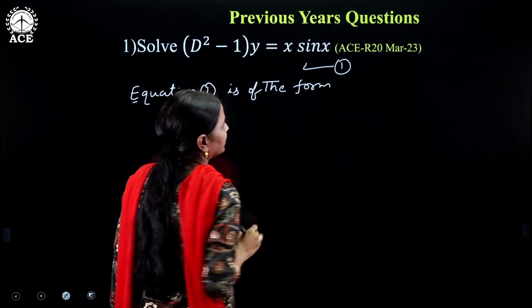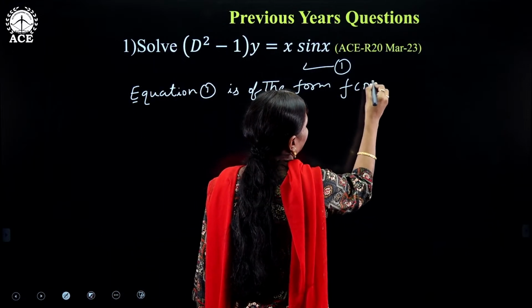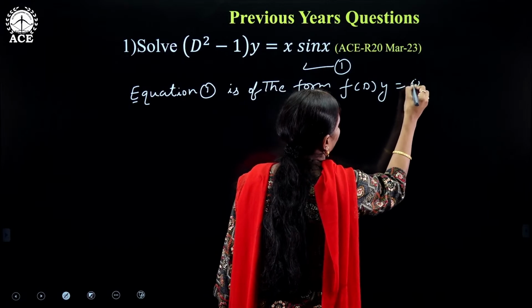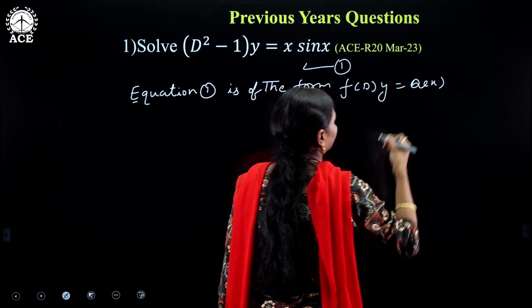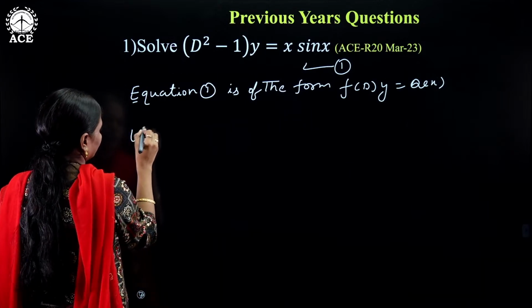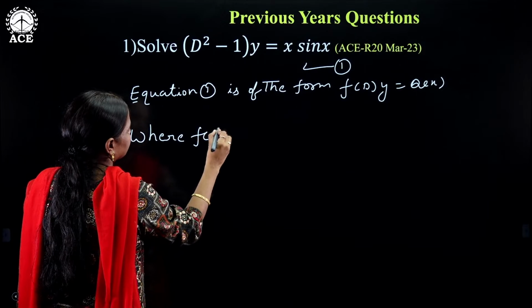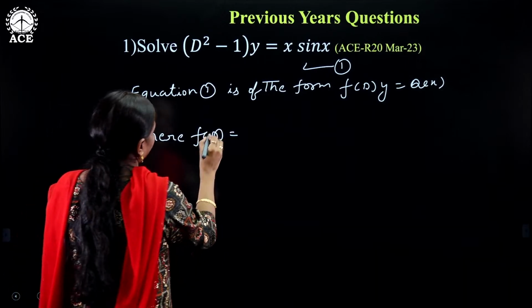It is non-homogeneous. So what is the non-homogeneous standard form? f of D into y is equal to Q of x, where f of D is equal to, what is f of D here?